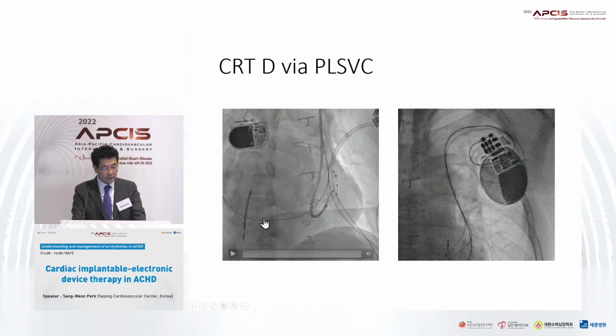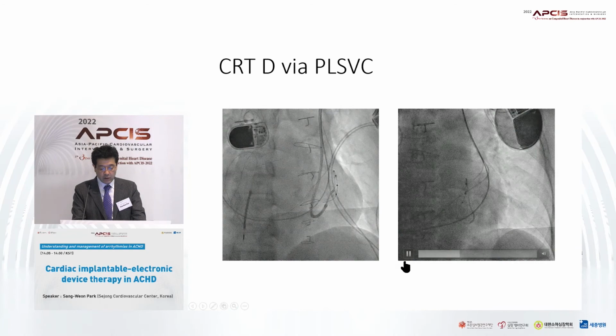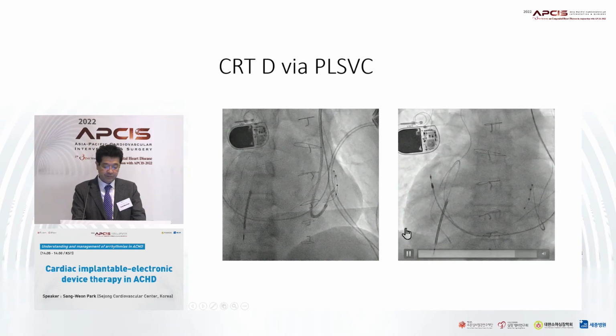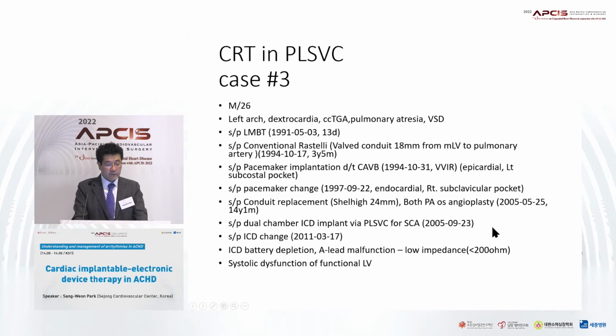We had already implanted the RV lead by the PLSVC, and then we could cannulate the proper coronary branch. This is the result of the CRT implantation in the PLSVC patient, and it is the ECG of the biventricular pacing.